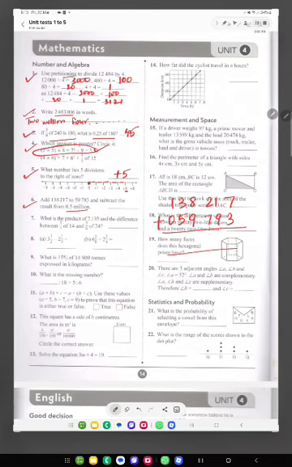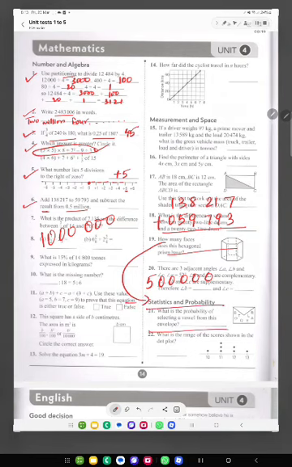Then you have to subtract the result from 0.5 million. 1 million is 1 with 6 zeros. Half of it is 500,000. Whatever you get from addition, just subtract it from 500,000. You'll get your answer. I'm leaving this part to you.